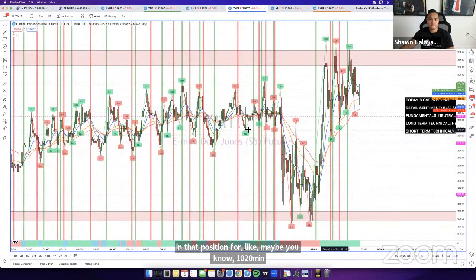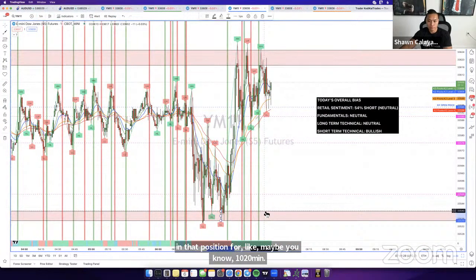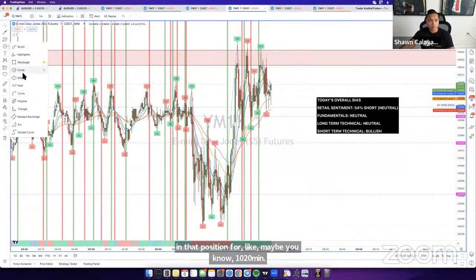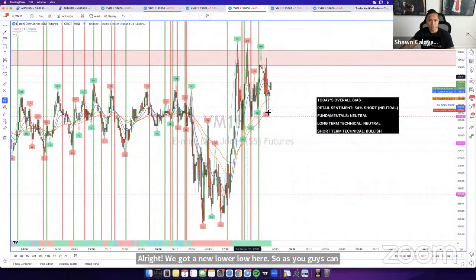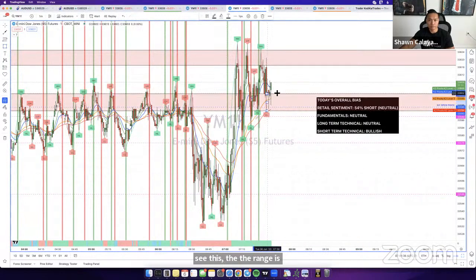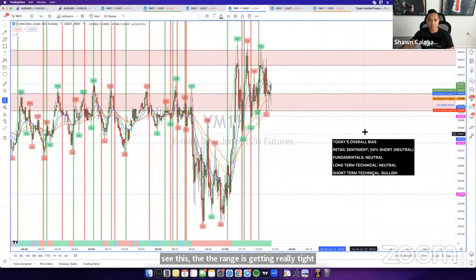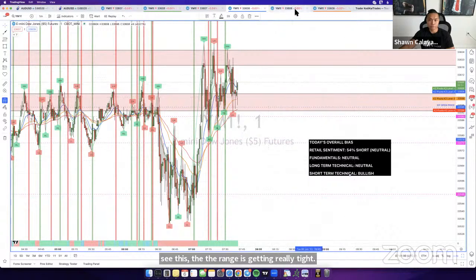All right, we got a new lower low here. So as you guys can see, the range is getting really tight. So there goes the range right there. Super tight.